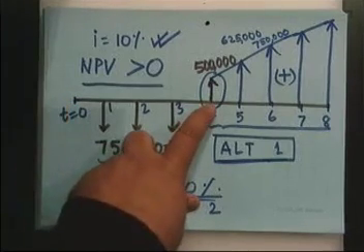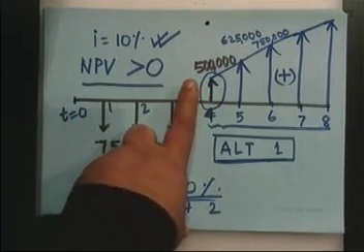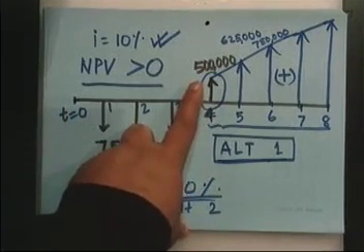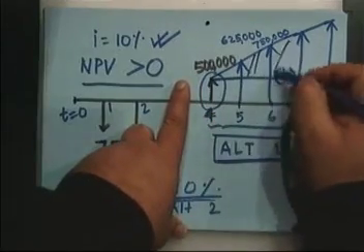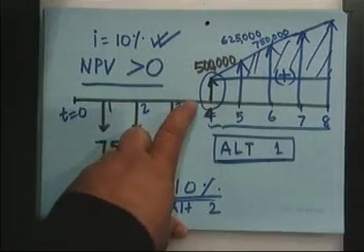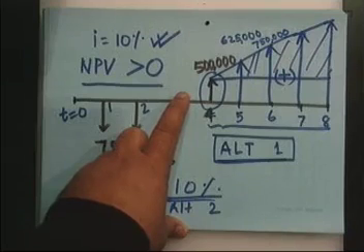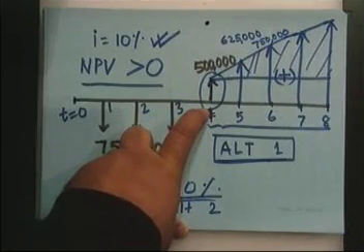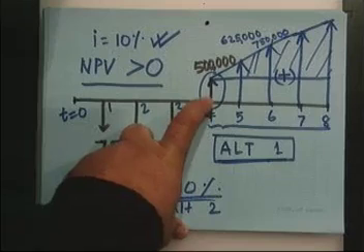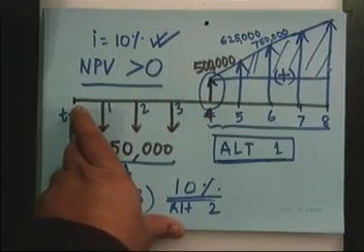Or else you can use the arithmetic gradient conversion factor also to convert this triangular portion into a uniform cash flow. But for the time being, I am going to take each of these cash flows and bring it to time t equal to 0.